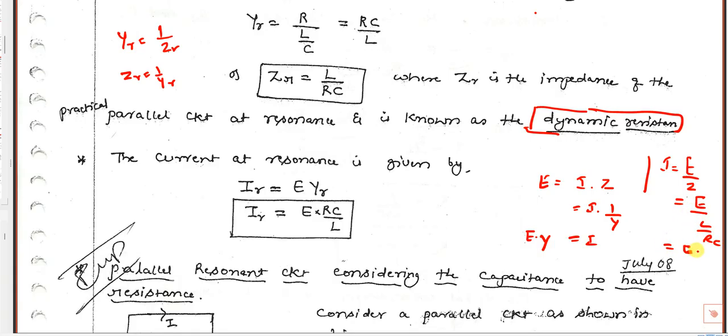It is E into RC by L. So this is the current at resonance.